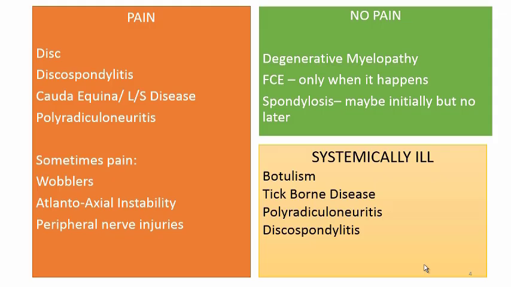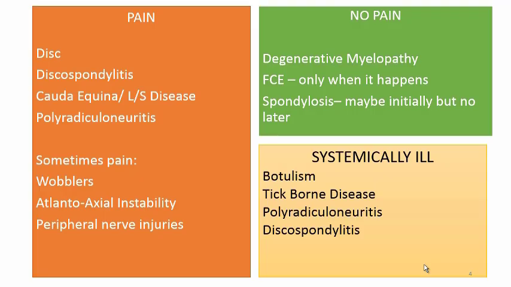So when I look at these things, we saw in the previous slide the common neurological conditions that we have. Now with those, I've divided them into things like pain and no pain, and animals that are systemically ill, because if I can divide them like that, it helps me determine what the problem is.